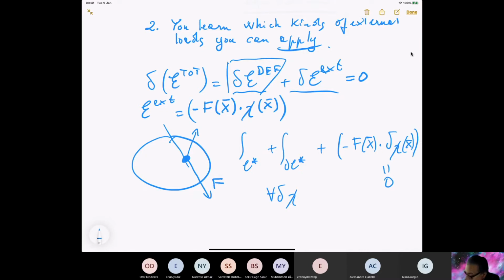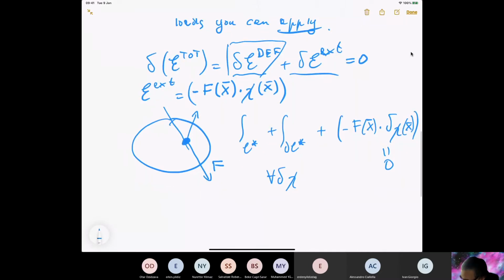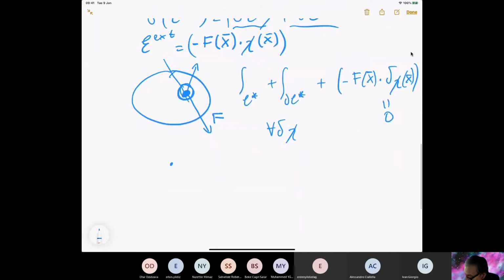So if I take with the standard localization argument, delta chi concentrated around X bar, as we said, I repeat once more, I take a sphere of radius epsilon centered in X bar. Okay, this volume integral goes with epsilon cube. If you are in the interior, this integral on the surface is 0.